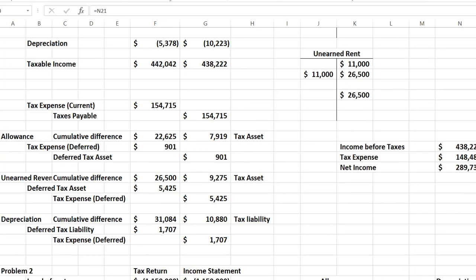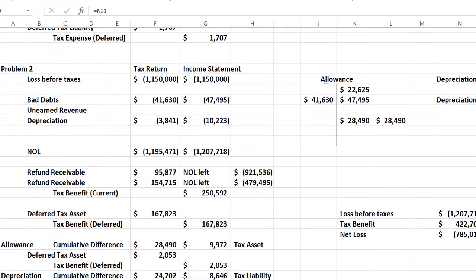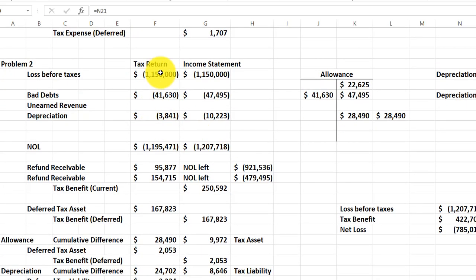All right. So when this happens the next year, we have a large loss. We're going to do a similar thing. Start with 1150. We took out all of the permanent differences to make our life a little simpler. We noticed that the bad debt situation has changed some, gotten much worse as far as total dollar amounts.